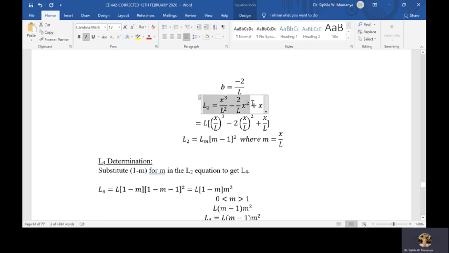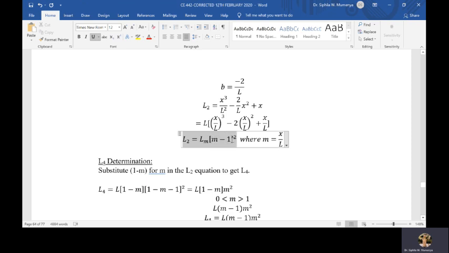And we are able to get our values of L2 equal to a certain value there in terms of distance Lm, okay? We know m is equal to x over L, and therefore we can get a value of L2.